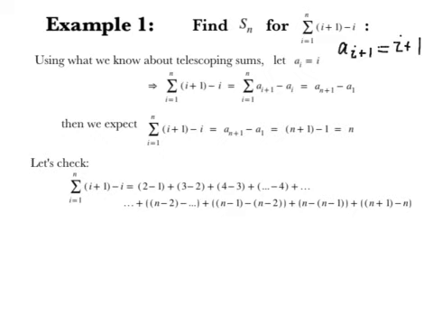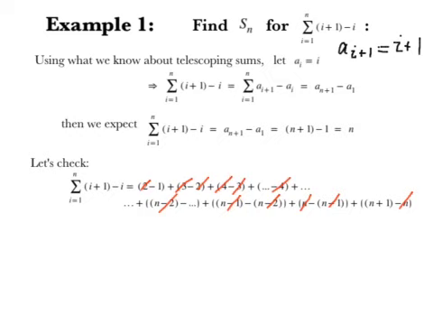But I think it's important to really pound home how the guts of these equations work, and to start seeing the patterns. So obviously 2 and negative 2 cancel, 3 and negative 3 cancel, 4 and negative 4 cancel, and so on. N minus 2 and negative n minus 2 cancel, n minus 1 cancels with the negative n minus 1, and n cancels with negative n.